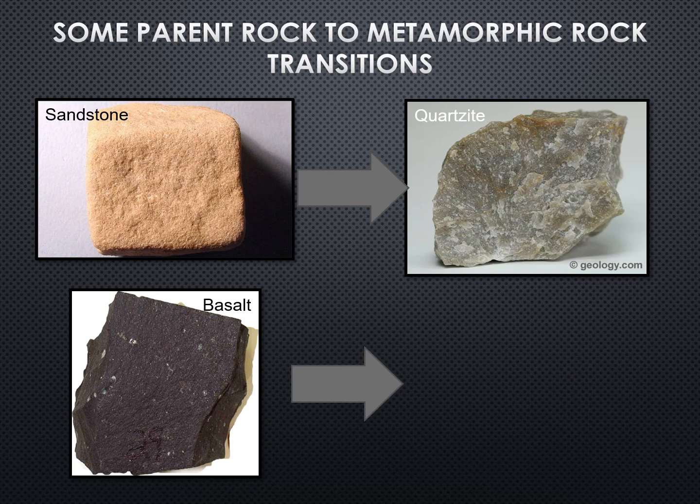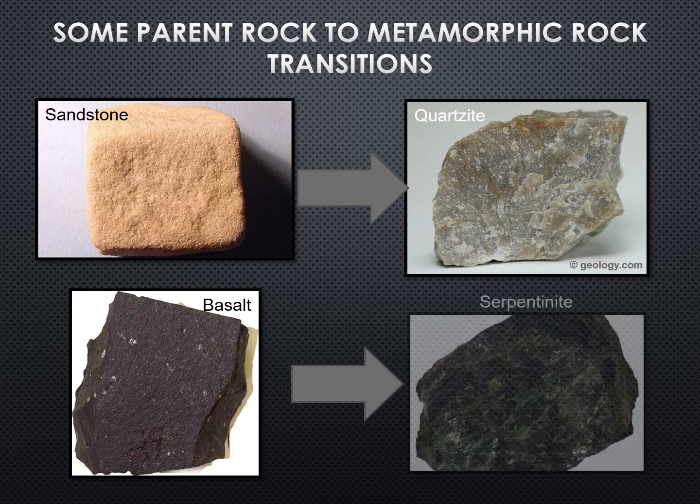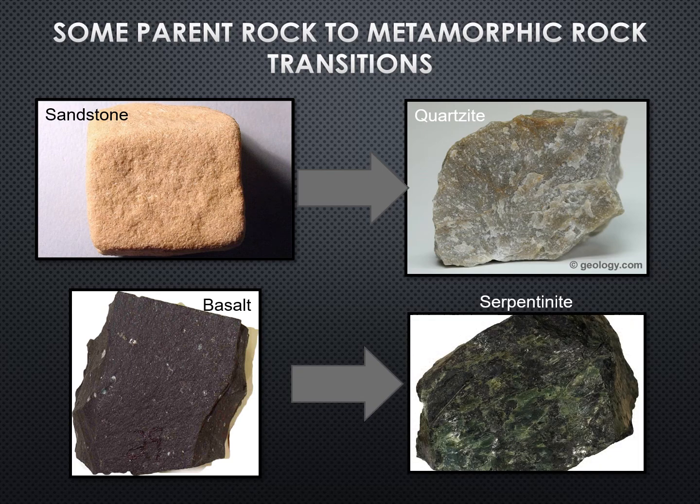Now, which of these rocks, you think, formed due to regional metamorphism? Well, as it turns out, the one that formed due to regional metamorphism is serpentine, or serpentinite, which is shown here. So serpentine is the metamorphosed form of basalt.